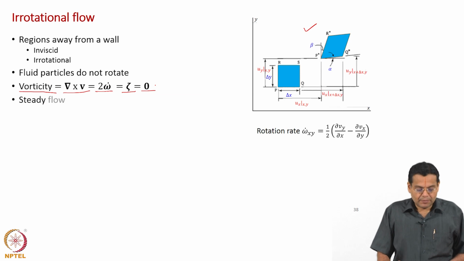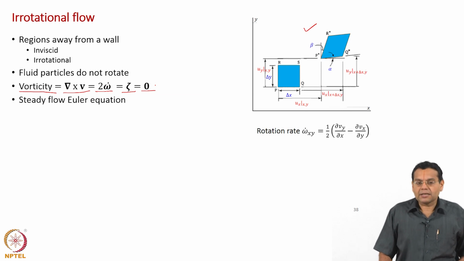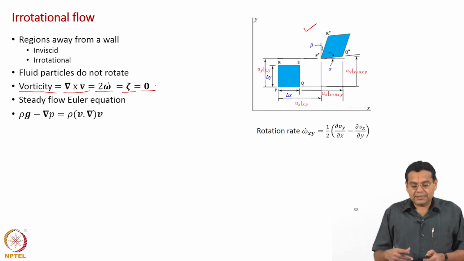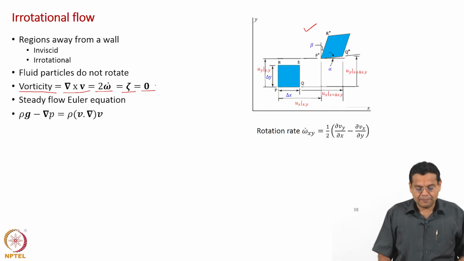We started with the steady flow Euler equation, so we will do that here as well. In fact, most of this derivation, almost till one particular stage, is the same as what we derived for the other form of Bernoulli equation.